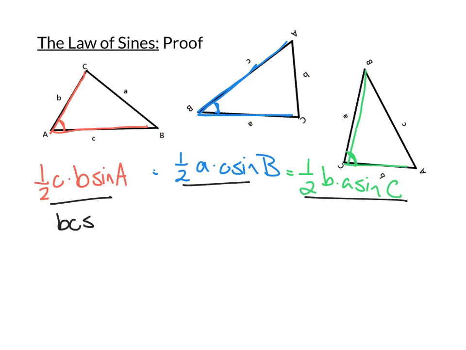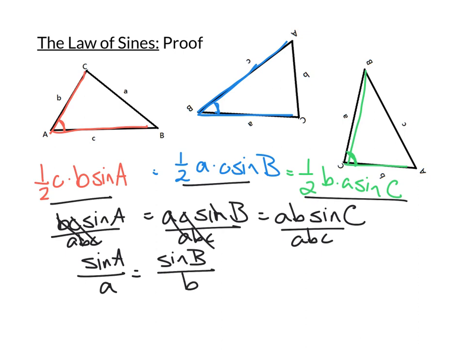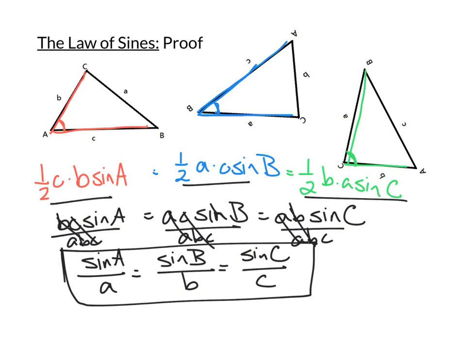So then I would have BC sine of A is equal to AC sine of B is equal to AB sine of C. Then I'm going to divide all three expressions by ABC, and we'll see the canceling that happens, resulting in the ratio sine A over A. Over here, A and C will cancel, so we'll be left with sine of B over B. And in the third one, A and B will cancel, and we'll be left with sine of C over C, which is the law of sines.